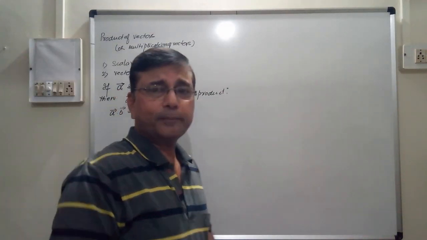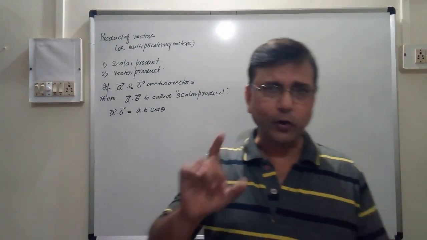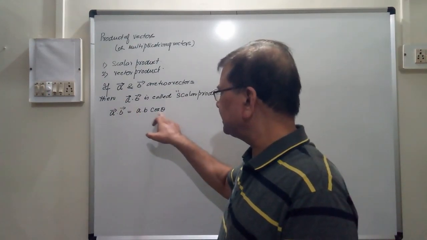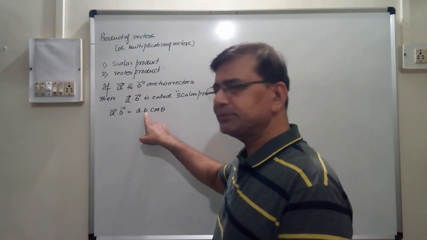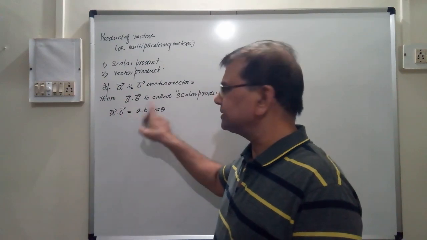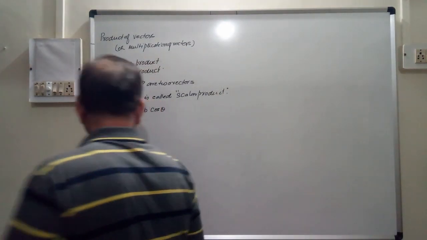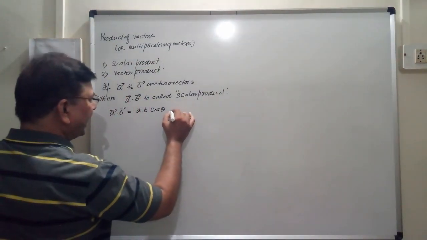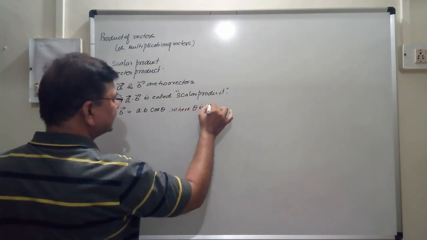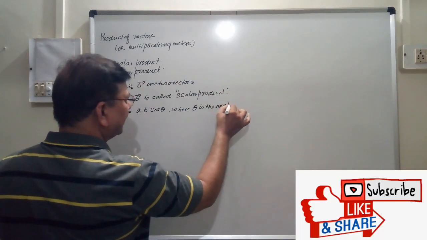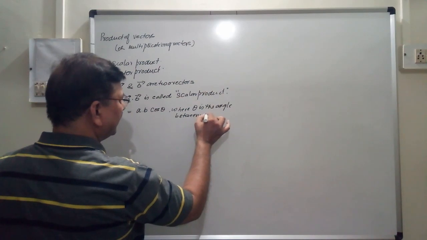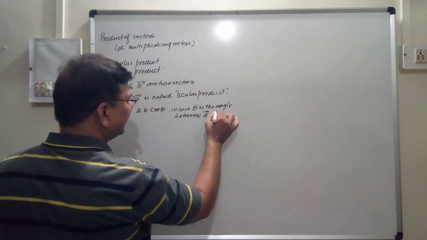So vector A dot vector B is represented by AB cos theta, where this A and this B are the magnitudes of the vectors A and B respectively. And what is theta? Where theta is the angle between A vector and B vector.